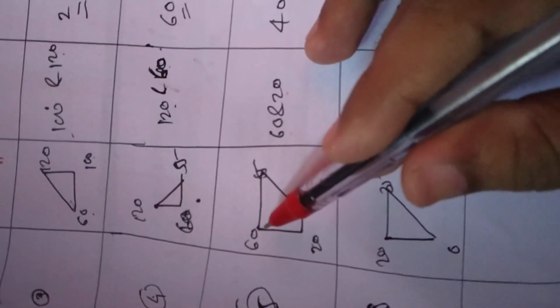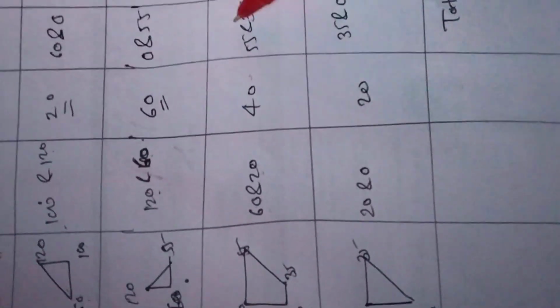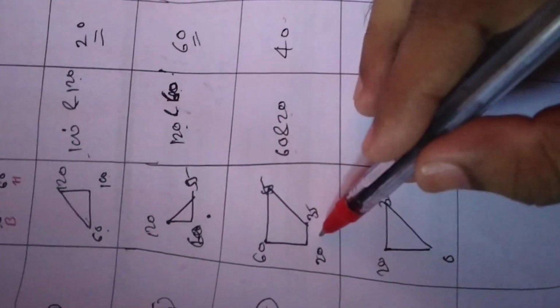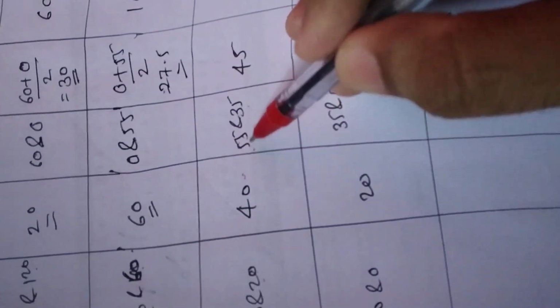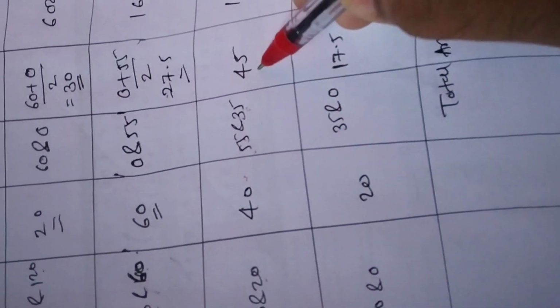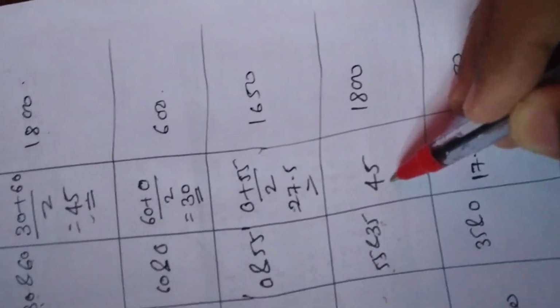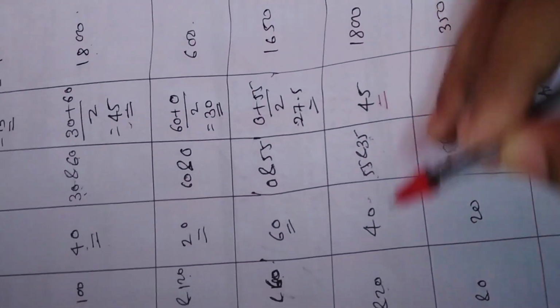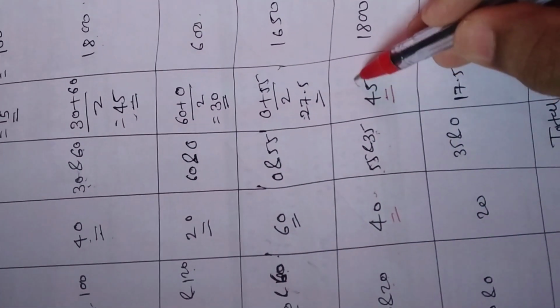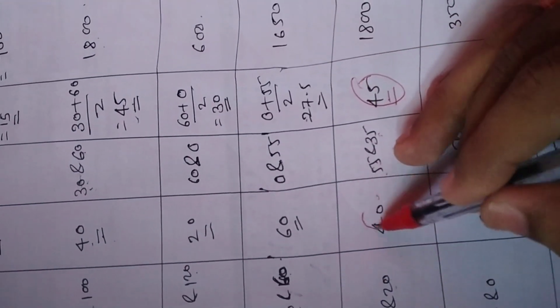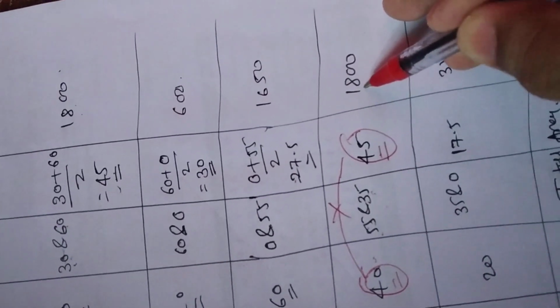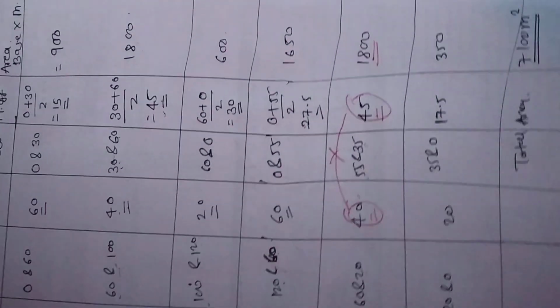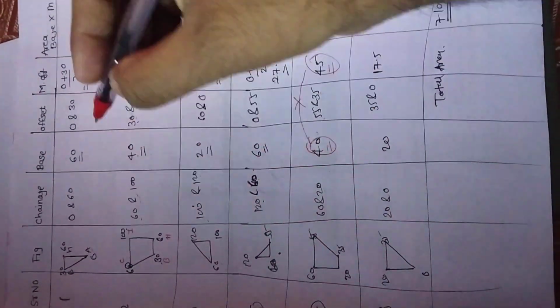Next, near 60 the offset is 55, so I am writing 55 here. At 20 the offset is 35, so I am writing 35 here. So 55 plus 35 divided by 2, I get 45. Next I multiply 45 by 40, and I get 1800.